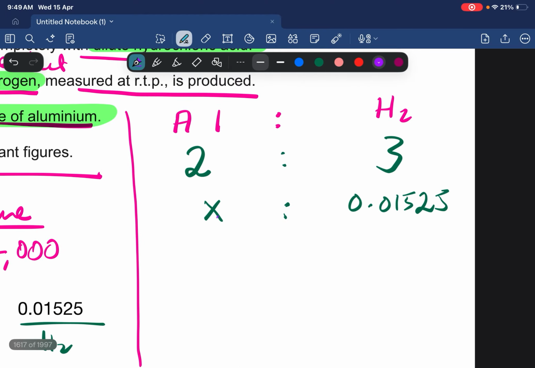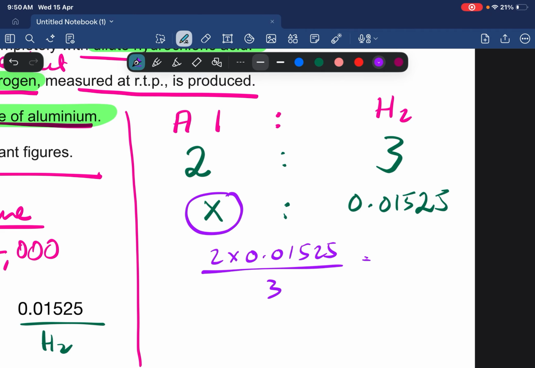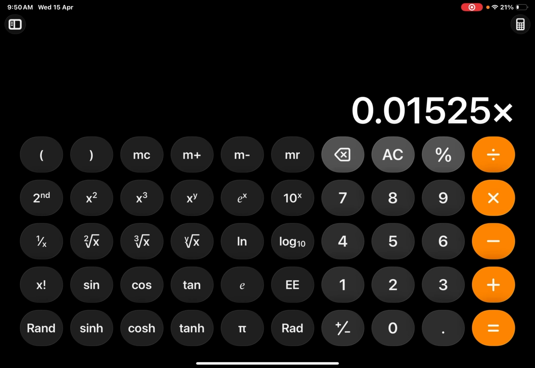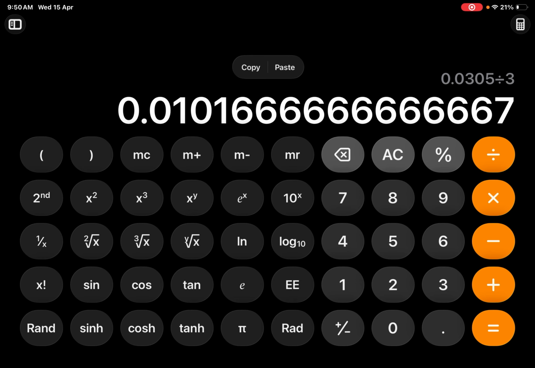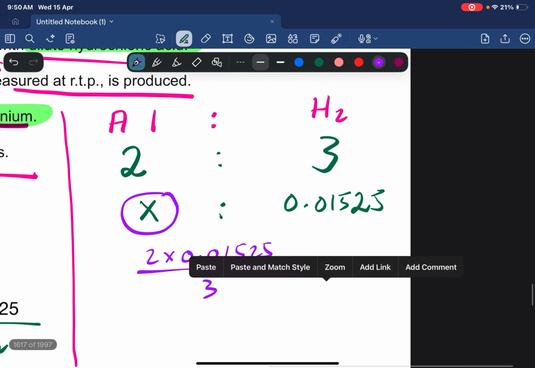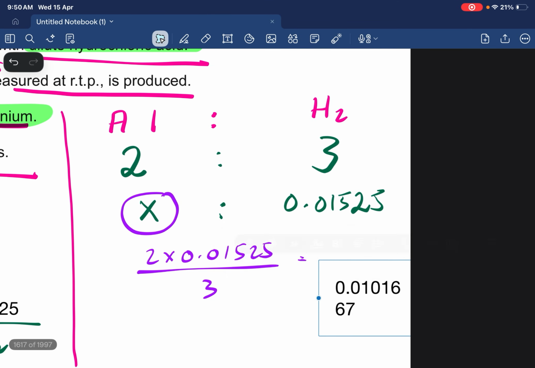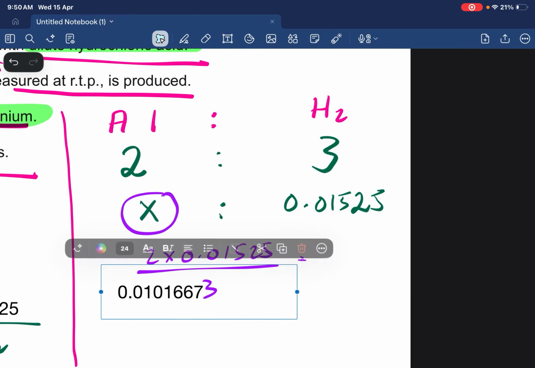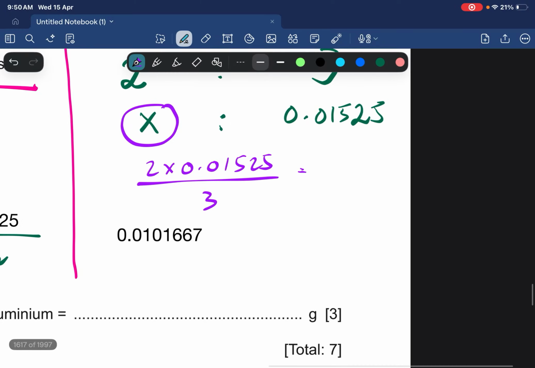X is the moles of aluminum, which is going to be 2 into 0.01525 divided by 3. That gives me my moles of aluminum, which I found out.